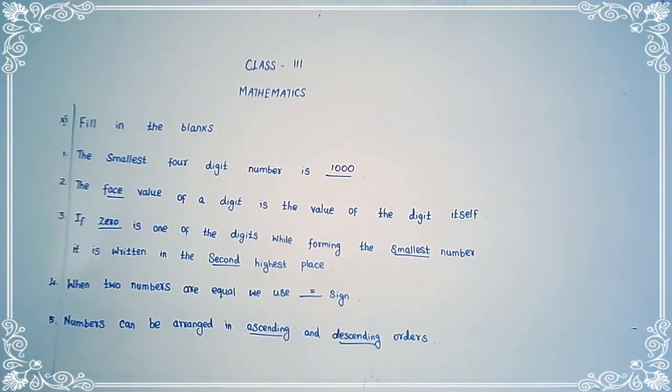If 0 is one of the digits while forming the smallest number, it is written in the second highest place.